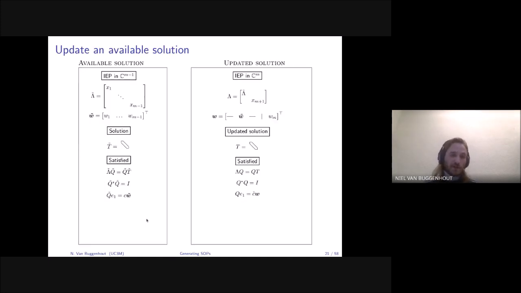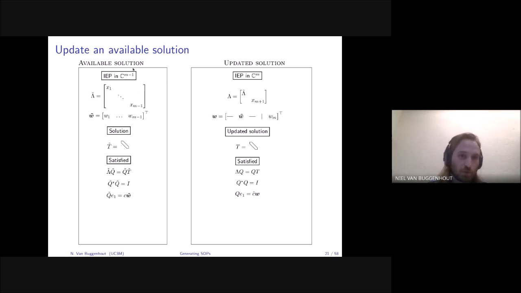This is rather involved, so we're going to take our time to discuss this. We can generalize the idea easily to the Sobolev orthogonal polynomials, so it's good that we go over this now. On the left, we have the available solution, so this T twiddle for this larger inner product.